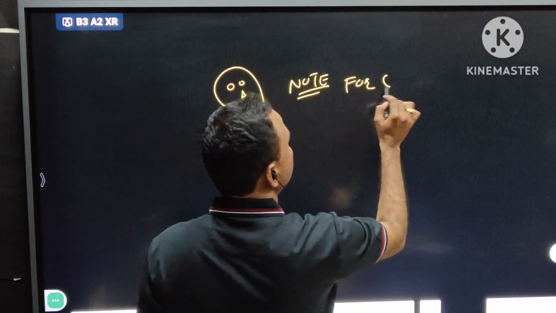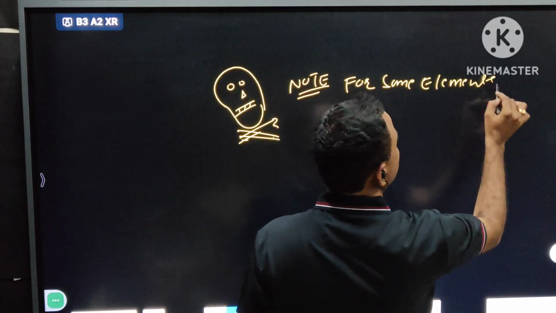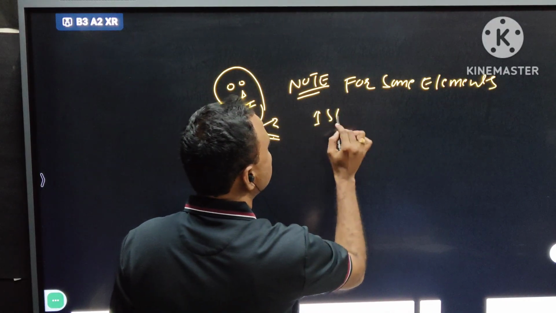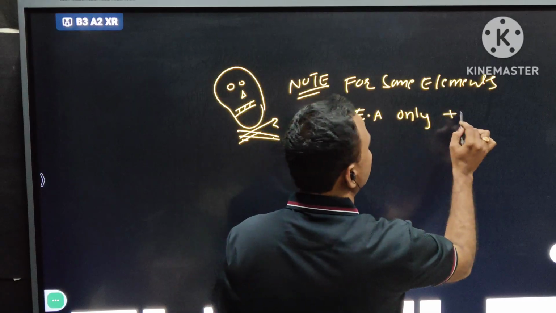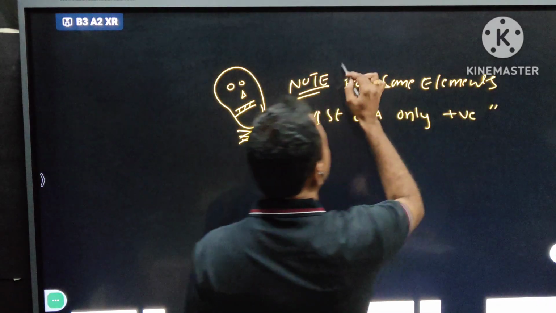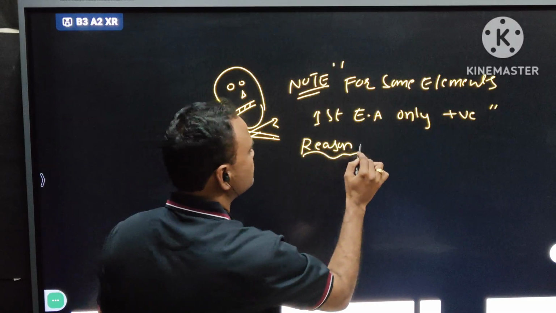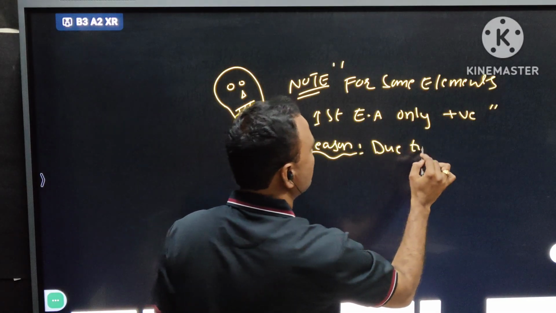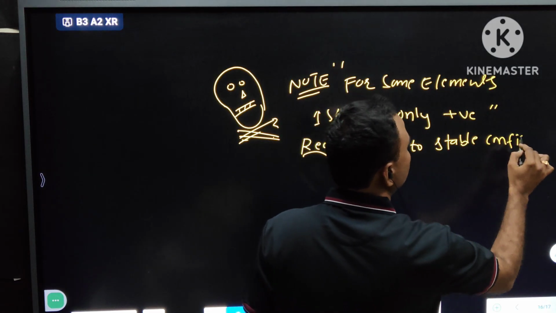For some elements, first electron affinity is only positive. Reason: due to stable configurations.